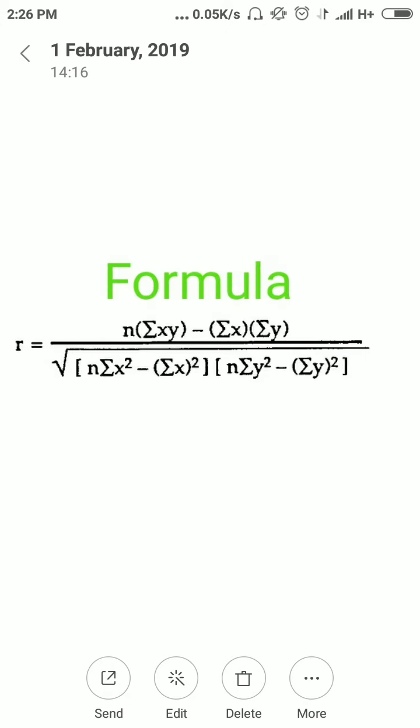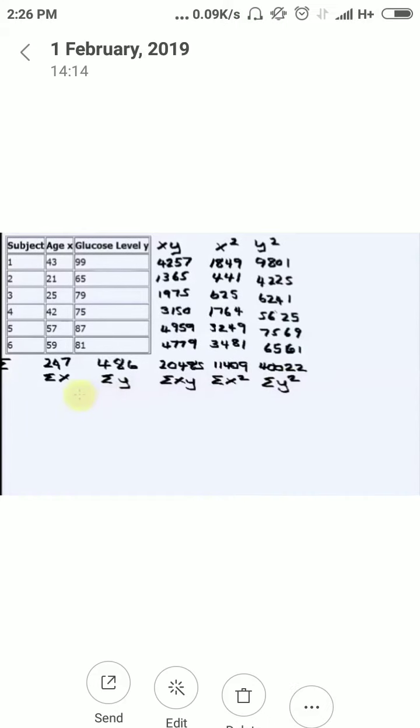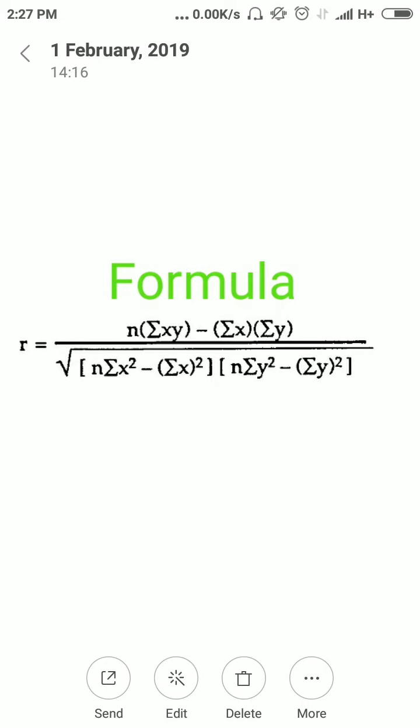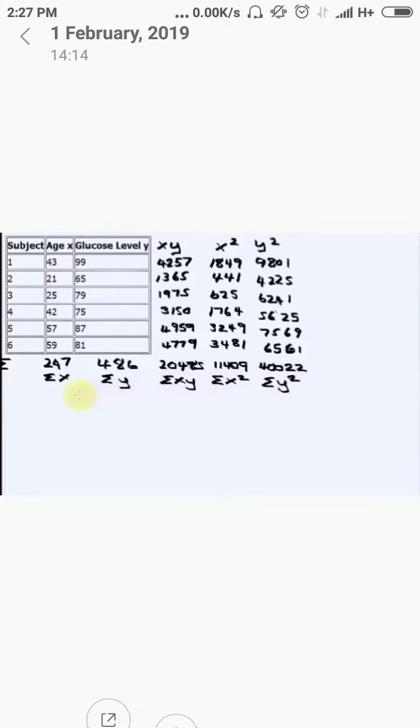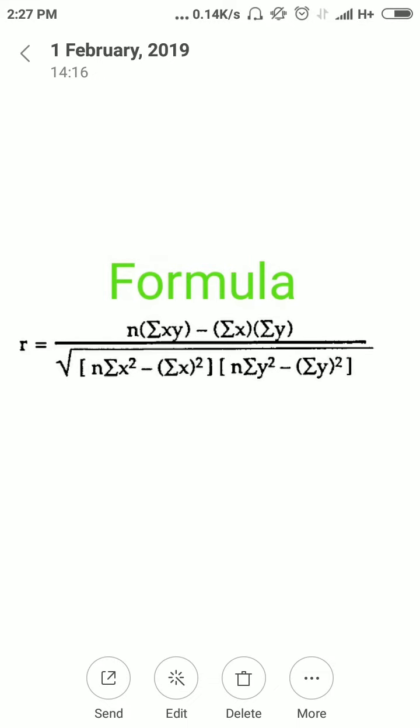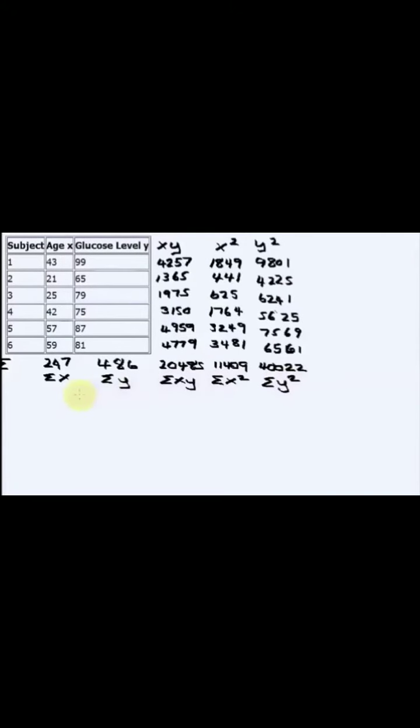We have the summation of XY, which we have already calculated, that is 20445, minus summation X times summation Y, which we have calculated, divided by the square root of n times summation X squared minus summation X whole squared, multiplied by n times summation Y squared minus summation Y whole squared. Simple, we have already calculated the values of all of this.